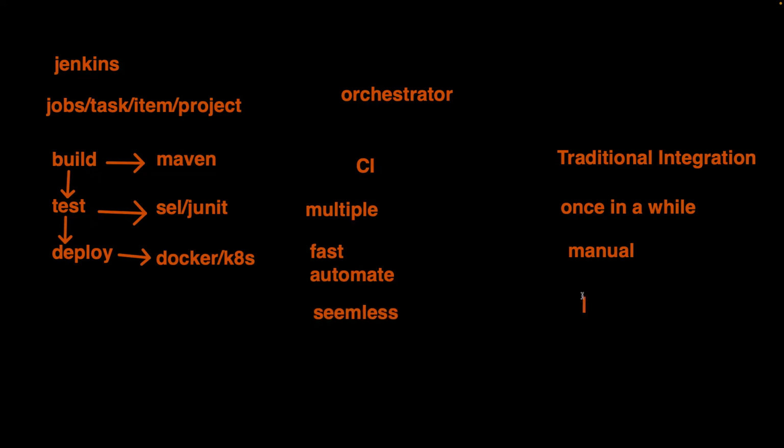This is way back where they used to do this integration manually. It's a very tedious and daunting task for both the development team and the integration team. But now the process is automated multiple times a day, which means every change is going through the process. Obviously, you can expect quality here. Whereas in the traditional approach, there is no quality because manual errors are there.